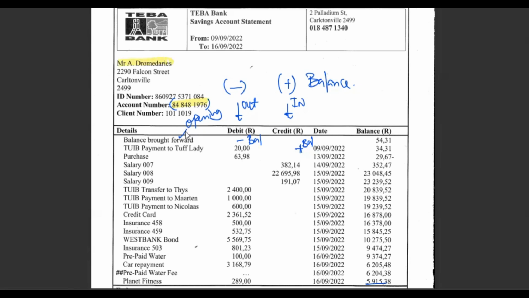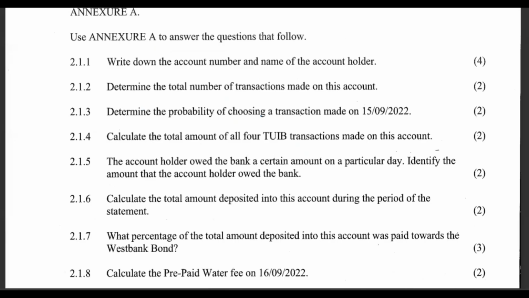So we shall come here and we say the account number is 81976, and the account holder is the person who owns the account, which is Mr. A. So that's the answer there.